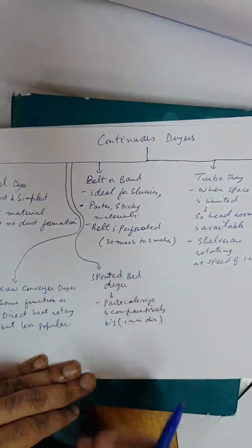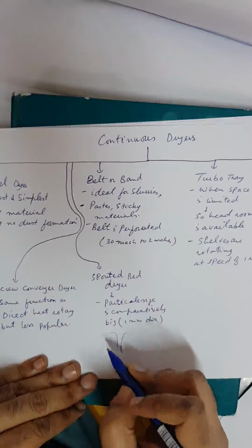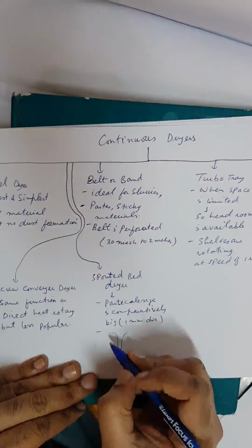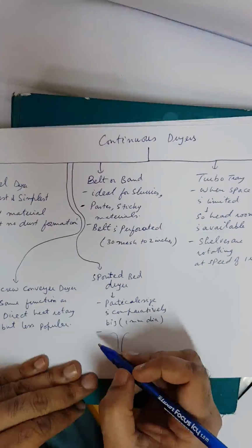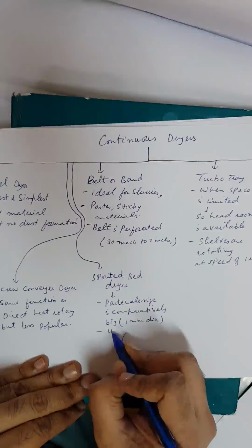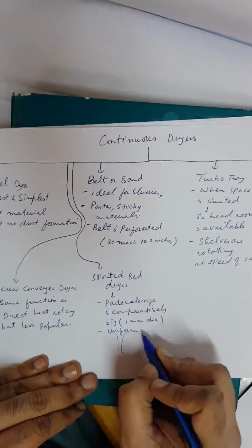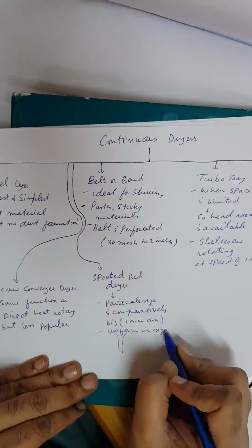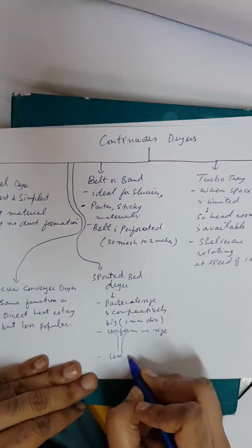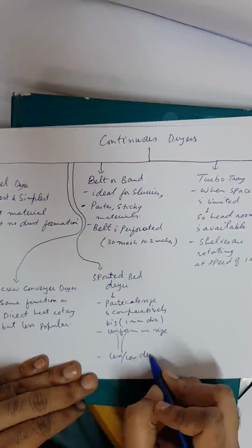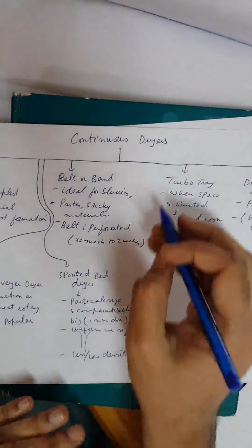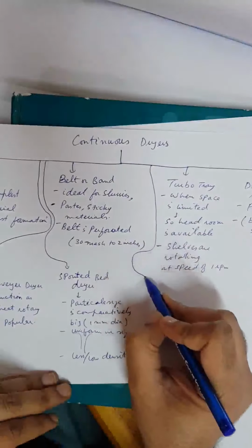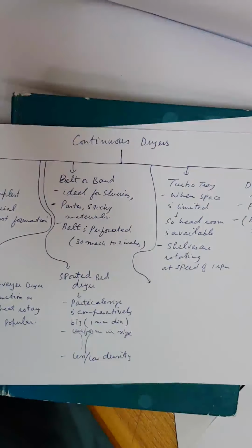From its name, spouted, they spout like this shape. So the particles should be uniform in size and low density, so that they can easily be thrown up. Otherwise, if they are heavy, we need more power to pump them up. Then we have the seventh.